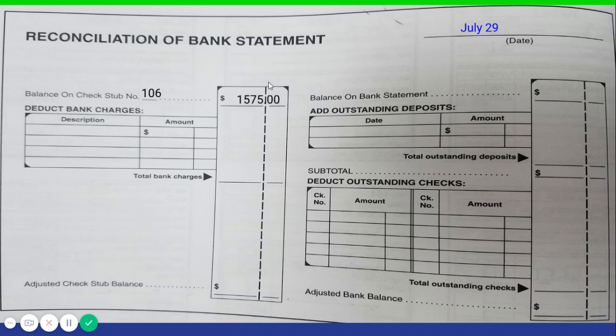Our balance is $15.75. It says deduct any bank charges. We have a service charge of $2. So total bank charges, $2. And our remaining balance for adjusted check stub is $15.73.